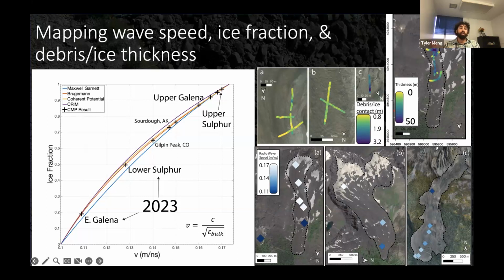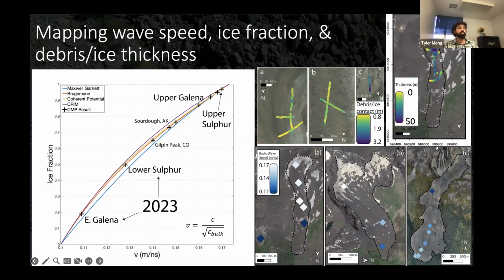I'll also add that we've observed melt here too. So really you might want to include water, which will decrease your velocity and greatly increase your dielectric permittivity. So we are definitely simplifying it.